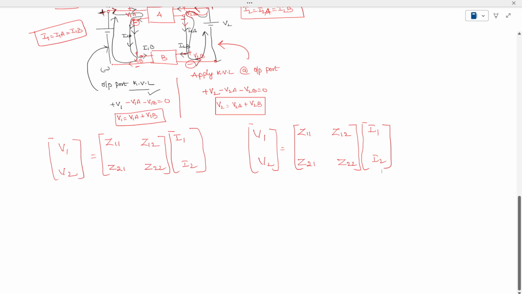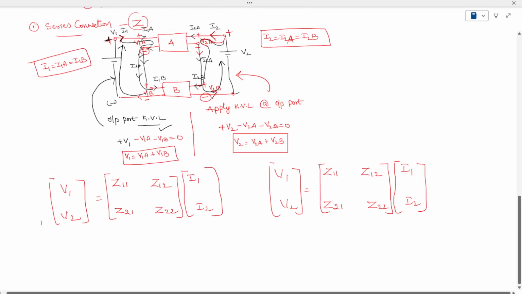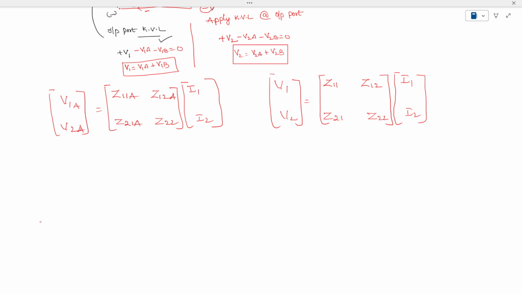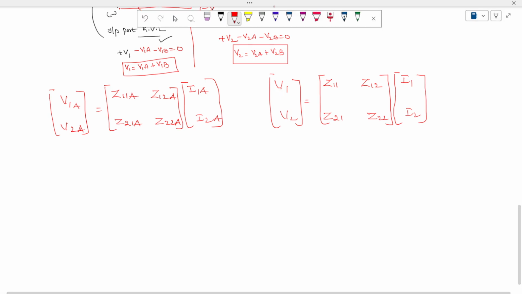When you see these equations, you can understand things better. So here, this network I am going to call V1A, V2A, Z11A. I am just giving a suffix A. Here we are going to give the suffix B, and we are going to interconnect two-port networks.